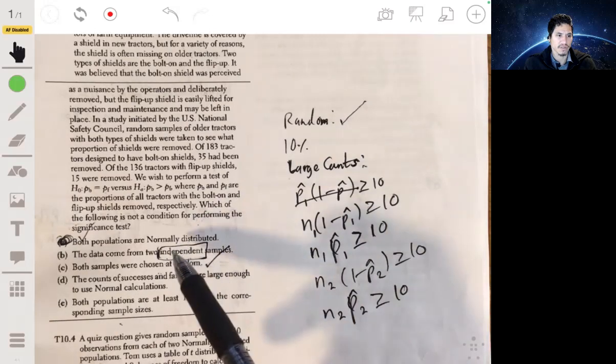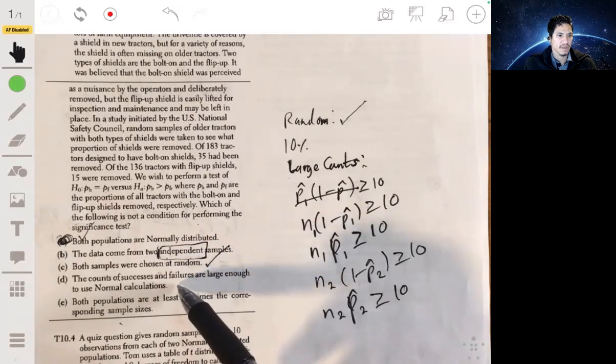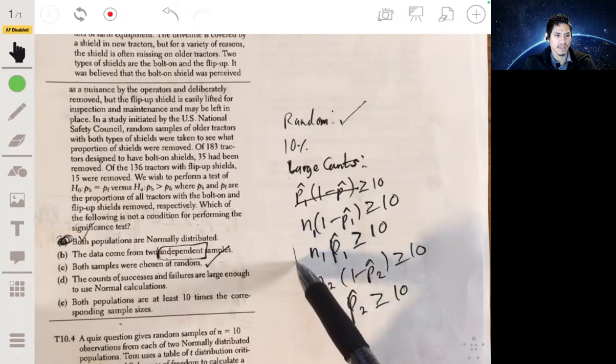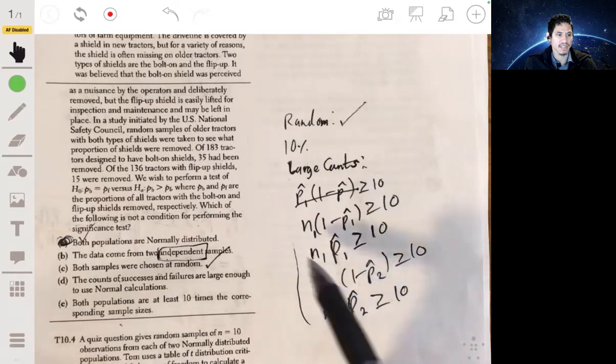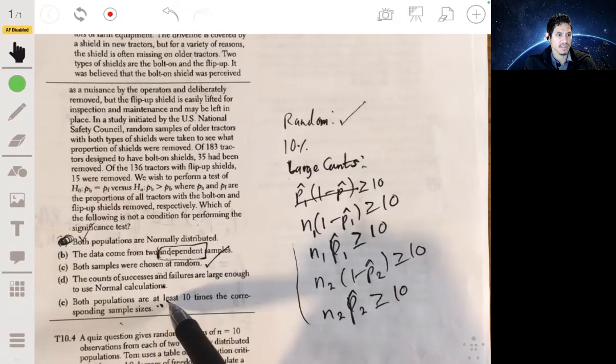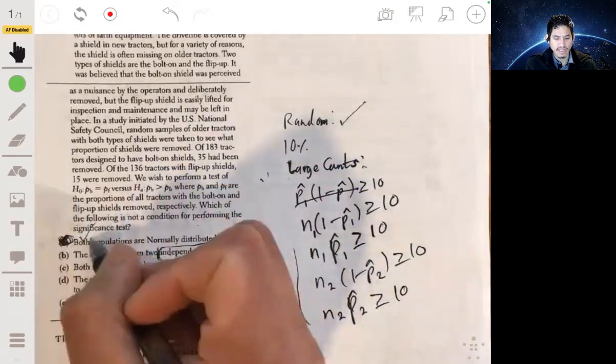The probabilities of each group's members are not going to be affected by one another. So that's basically B and C. So D is what this is doing. These values being at least 10 allows us to use normal calculations. And 10% is E. Yeah, so the answer is A.